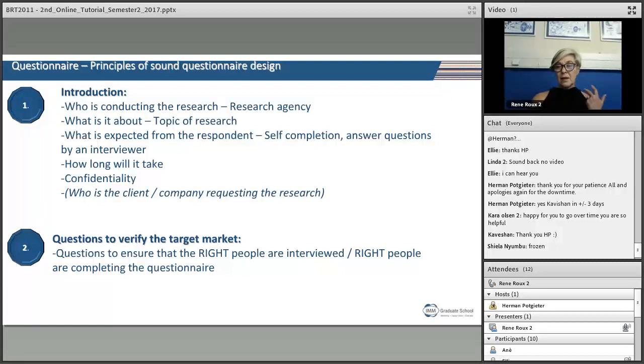You wasted the company's money, you've wasted your time, your money, and you wasted the respondent's time and energy. So if there is qualifying criteria that the participant or respondent needs to meet, you have to ask them pretty early in the questionnaire.